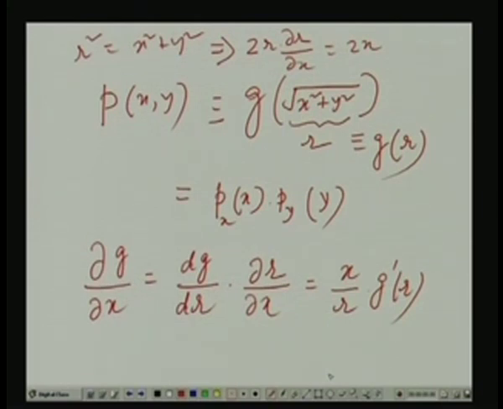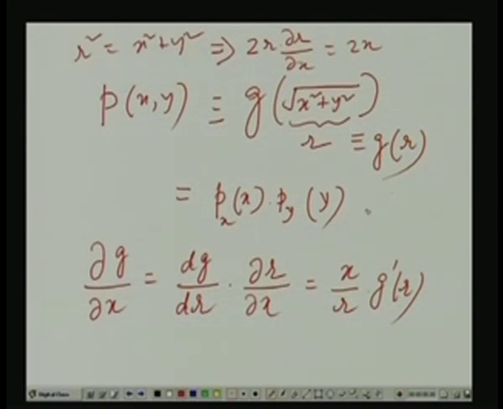Now, we are given this result g(r) is equal to p_x(x) p_y(y). So far I took g(r) and just differentiated it, noting that r is this. I saw that the partial derivative of g with respect to x can be written like this: dg/dr del r del x, and del r del x is x by r. But we are also given g(r) is equal to p_x(x) p_y(y). So, if I take the partial derivative of g(r) with respect to x, then I do the same thing on the right hand side.